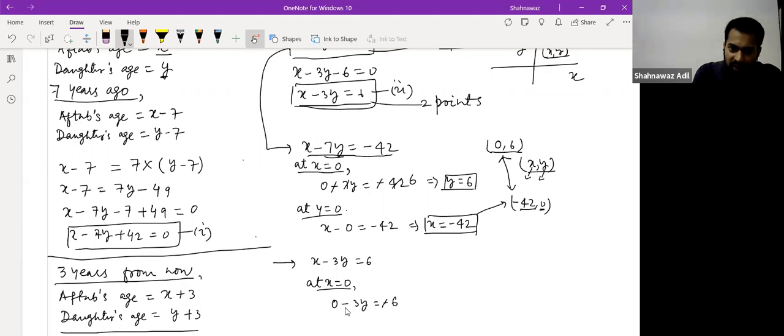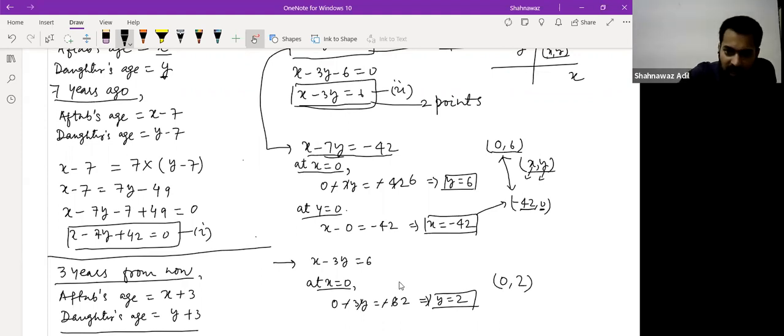So this cancels. This will be 2. So y is equals to 2. So what will be the point? 0, 2, right?